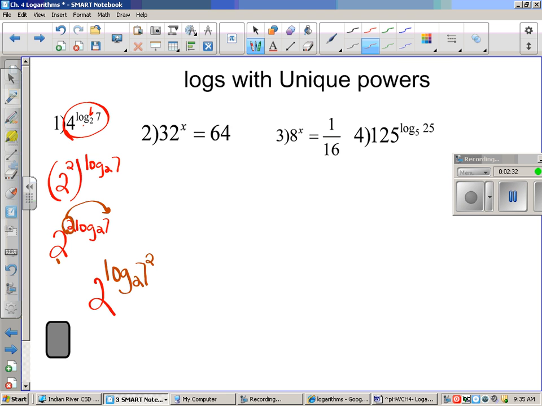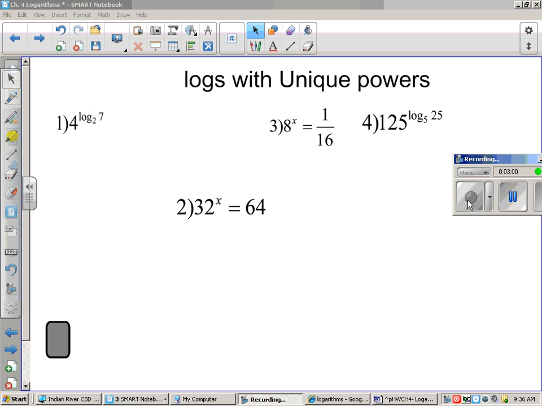So what we now have is 2 to the log base 2, and as I've said to you in the previous video, those in essence cancel out. They get rid of each other. They're what we call inverses, and so they do actually remove each other. And so what we're actually left with here is 7 squared, and so my answer is 49. You probably never saw that answer coming from that question.